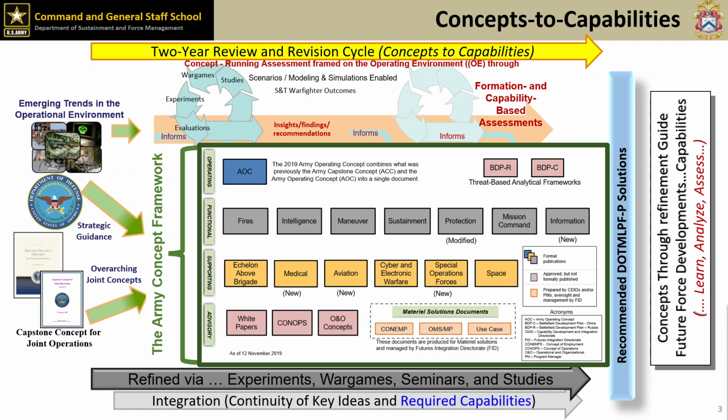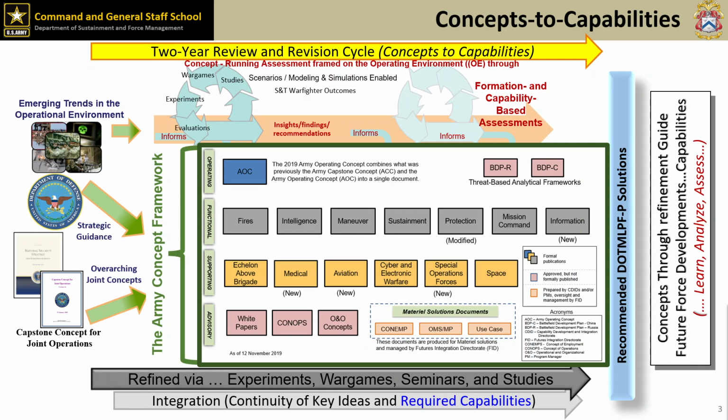This stuff evolves, right? As we expect to get a new FM 3-0 officially published next year sometime, which moves our doctrine into multi-domain operations, the concept will likely also stretch out and probably get us to the 2035 endpoint, which we can talk more about in class.